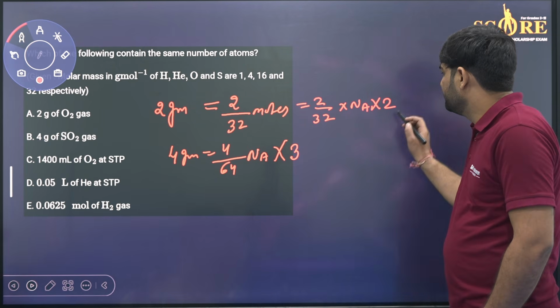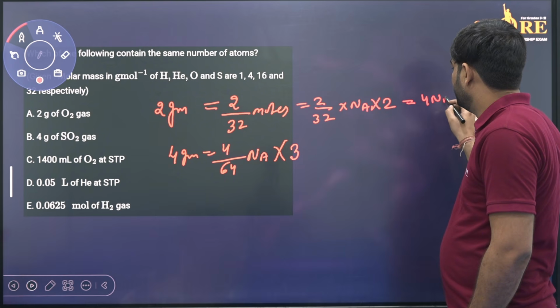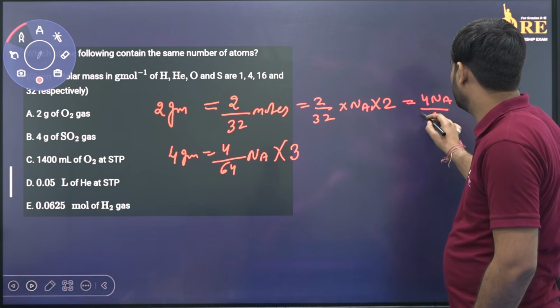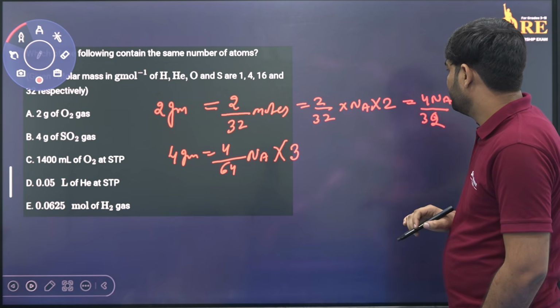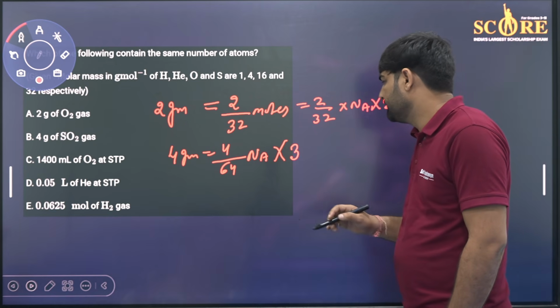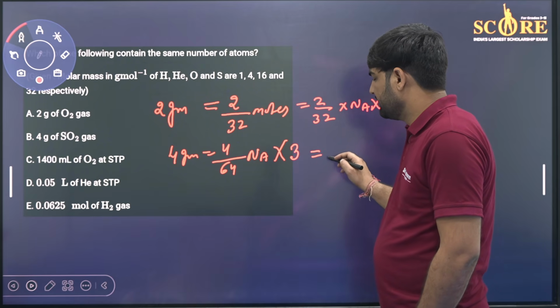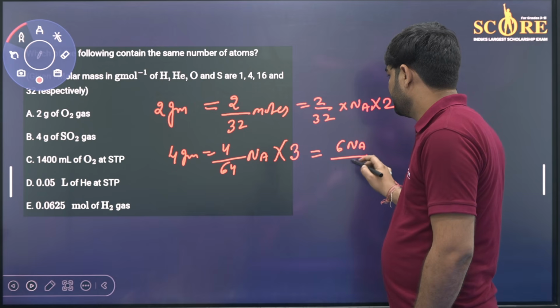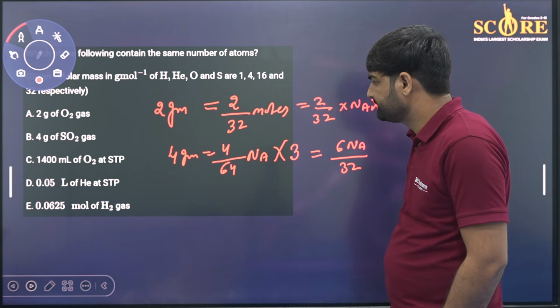So this is 4Na divided by 32, and this is 6Na divided by 32.